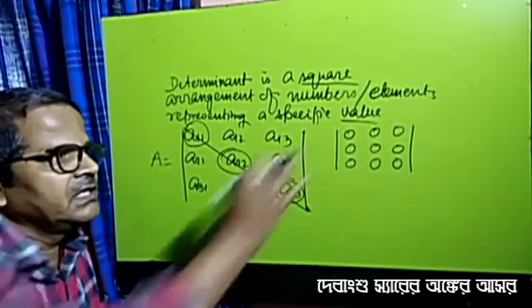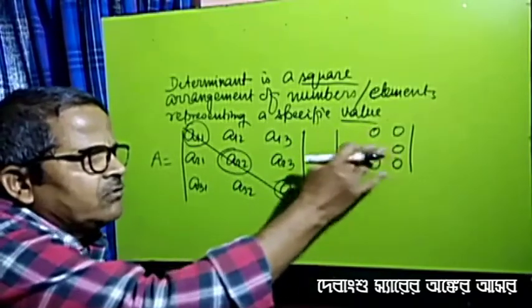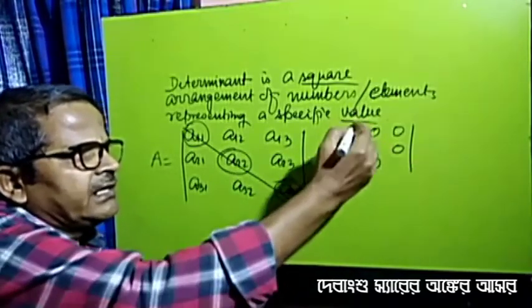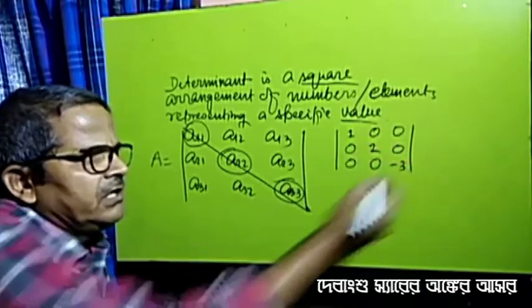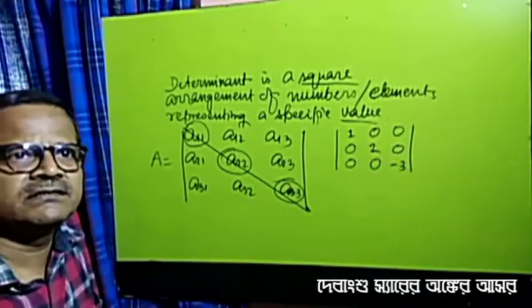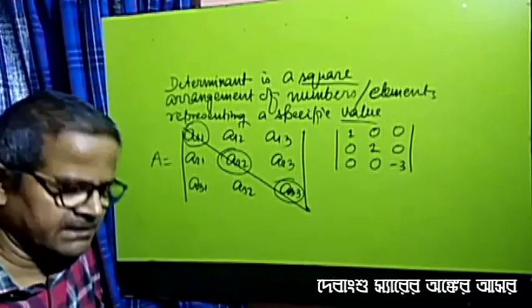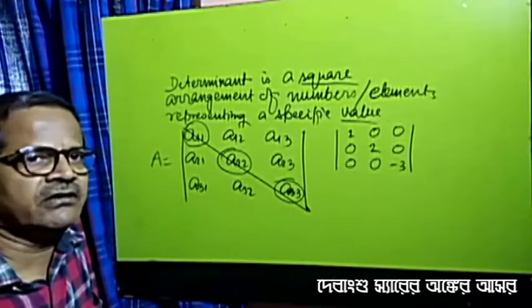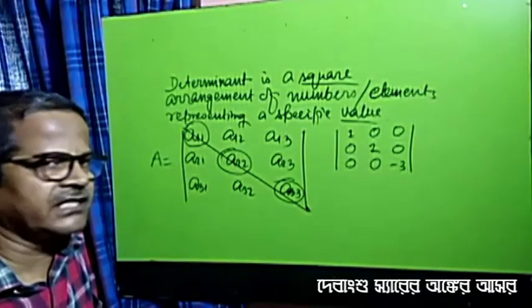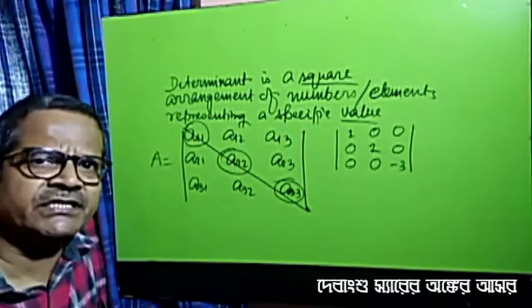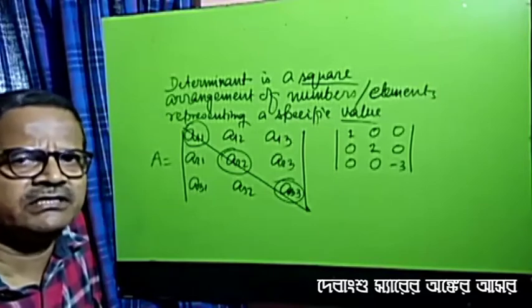But if only the diagonal elements are non-zero and the other elements except the diagonal elements are 0, then this is called a diagonal determinant. Same definition in case of a matrix, we call it a diagonal matrix.